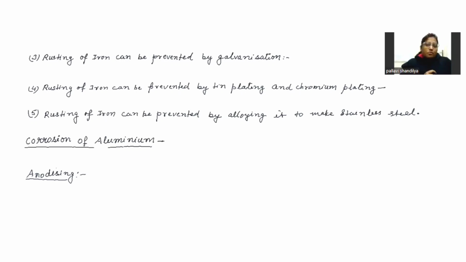Very important thing, but we have a question: what is galvanization? It is the process of depositing a thin layer of zinc. A thin layer of zinc metal is applied, electroplated, on top of iron. Zinc prevents iron from corrosion. Zinc metal is anti-corrosion, that means it does not corrode. When we apply a layer of zinc on iron, it cuts the contact of air and water, that means moisture, with the iron surface. So that's why we can protect the iron with the help of galvanization.